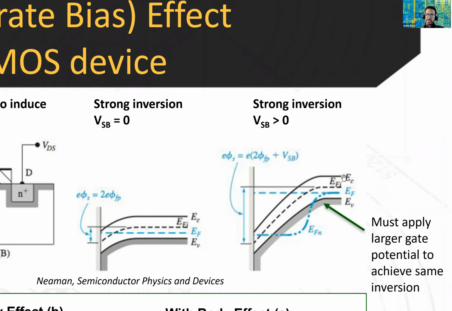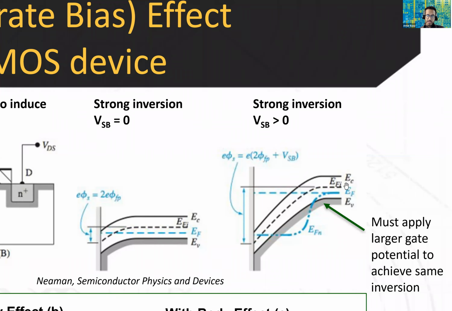Why is that? If you look at this side of the diagram, you notice how the Fermi level is up here and the Fermi level bends down like this. This is simply because there's a difference in voltage between the source and the body. Remember, you're applying VSB, so the body has a negative potential applied to it.